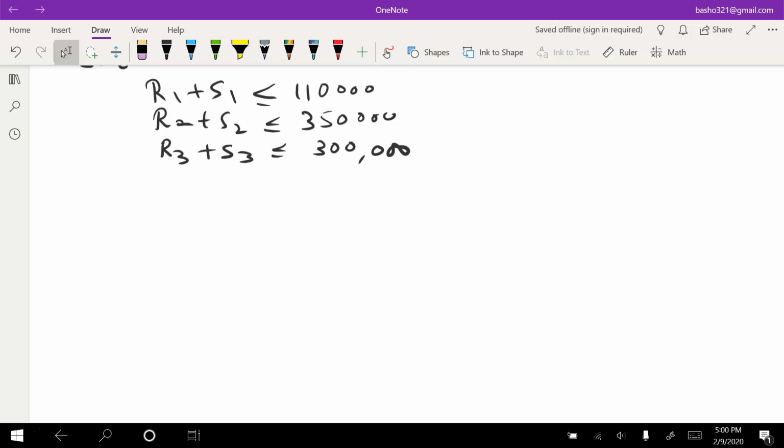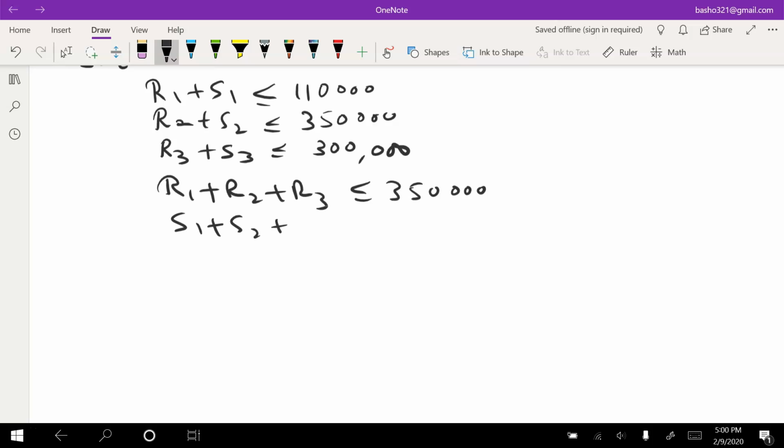Also, our maximum demand is 350,000 for regular and 500,000 for super. So R1 plus R2 plus R3 should be less than or equal to 350,000, and S1 plus S2 plus S3 less than or equal to 500,000.